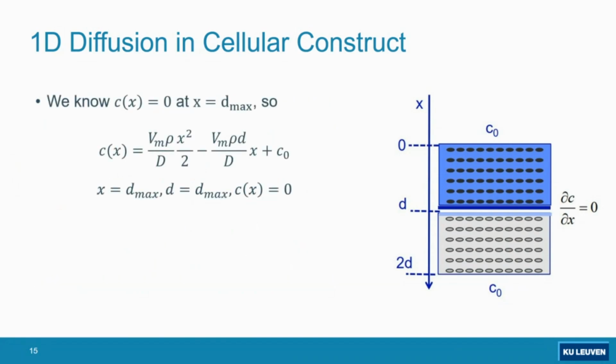You can write this, and also pay attention that this time D can be denoted as D max, because we want to see the maximum diffusion depth. And so we know that C is 0 there, because this is where it can reach. This is the maximum length that it can reach.